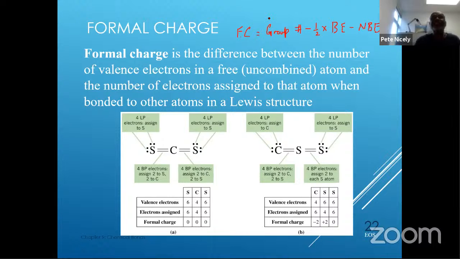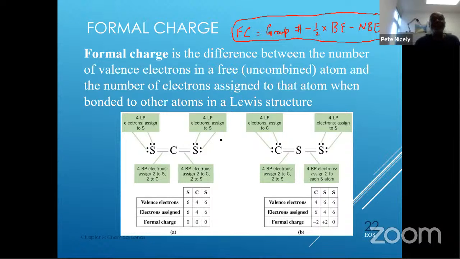So that's the formula that you're going to use to calculate the formal charge of any atom in any Lewis symbol, Lewis structure for a molecule or polyatomic ion. And this will become important when it comes to determining the Lewis symbol, right?